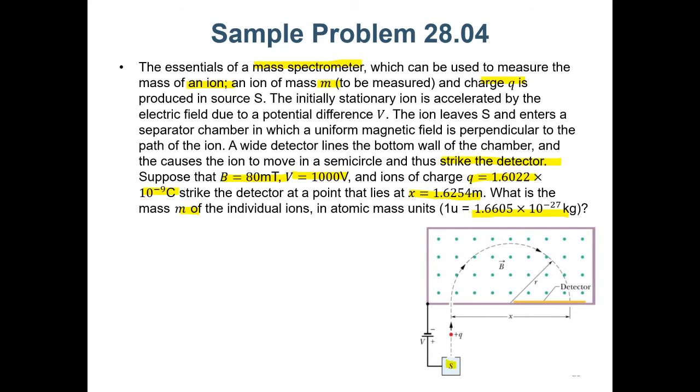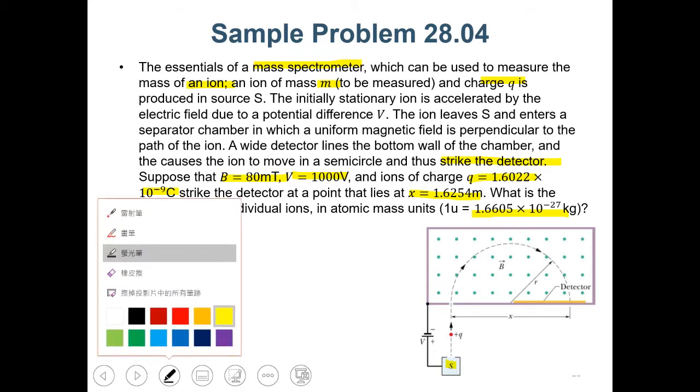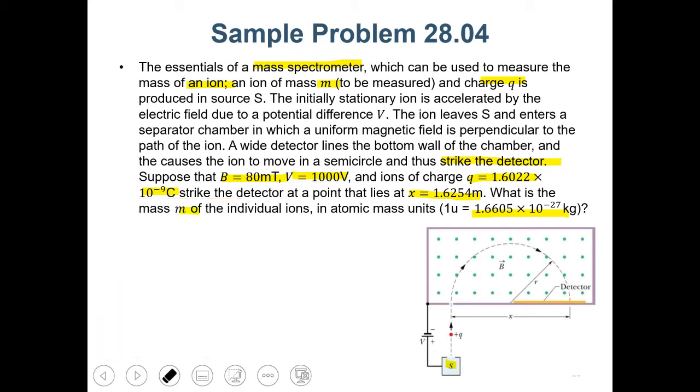So maybe we can just do some calculation here. First, we have delta K plus delta U equals 0. We assume there is no loss of mechanical energy.